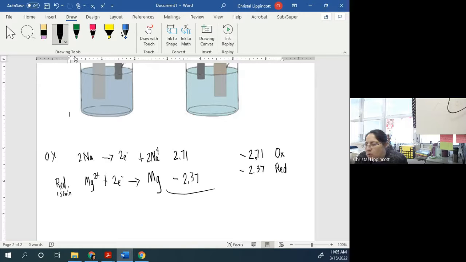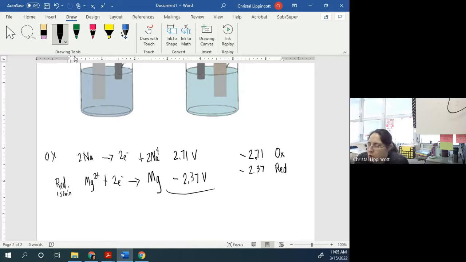So they give you these reduction potentials when they gave us the equations. They gave them to us both as reductions. So we needed to flip this around to make it oxidation. This is the voltage that it creates during that reduction potential reaction.